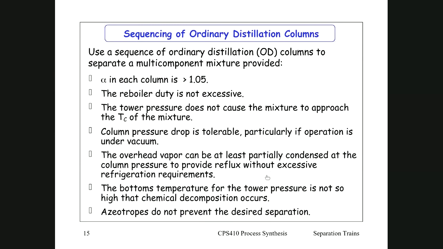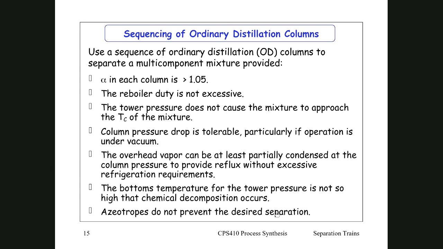The bottom temperature of the tower pressure is not so high that chemical decomposition occurs. Of course, the higher the pressure, the higher the temperature, especially at the reboiler. And at the reboiler, you must not get such a high temperature that you get chemical decomposition. Of course not.